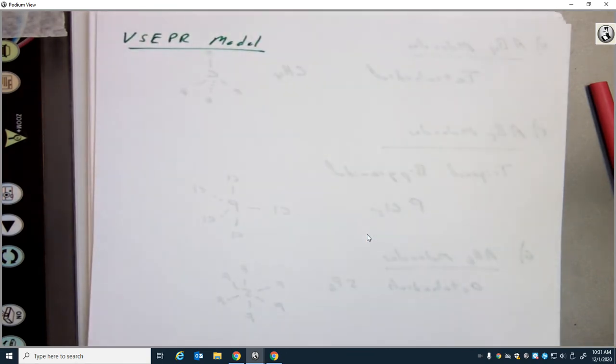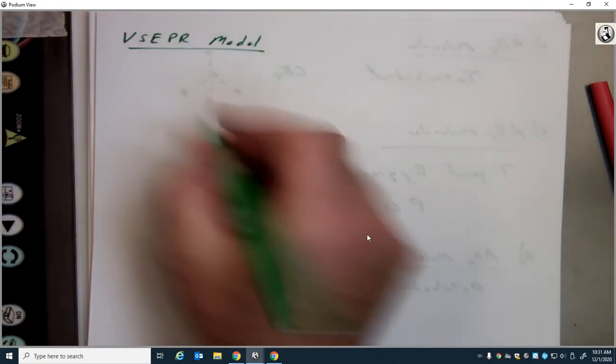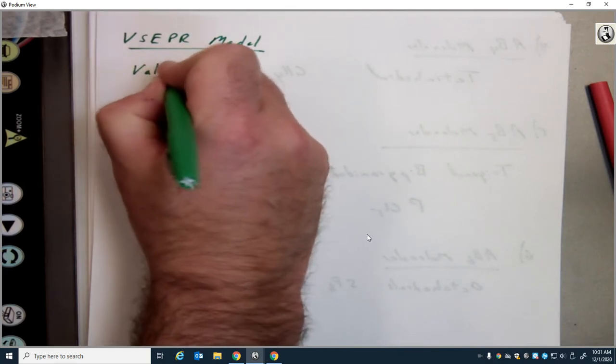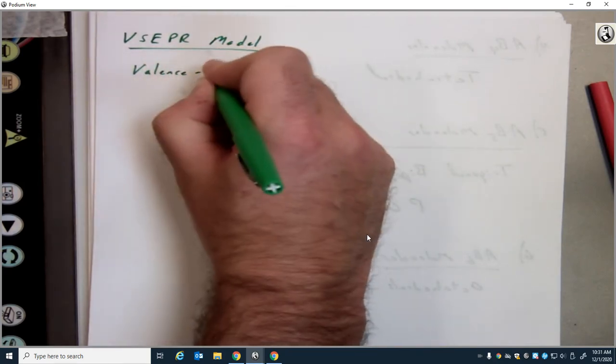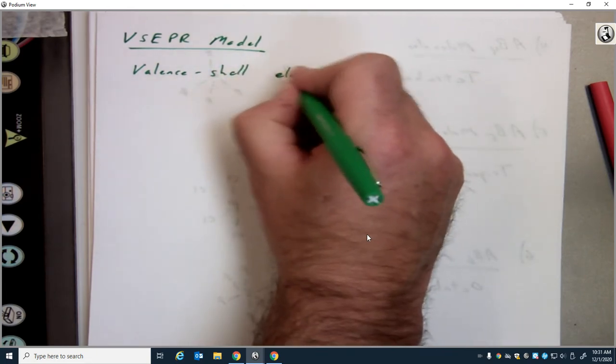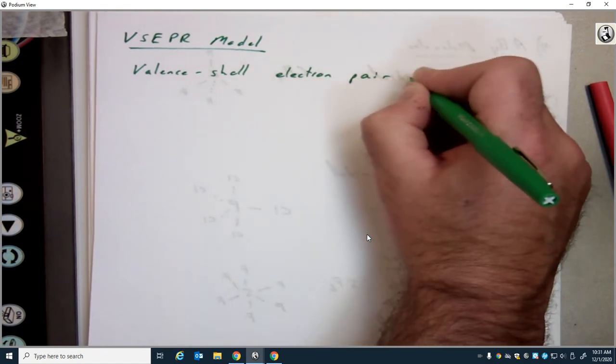We developed this model to help us come up with these different shapes. Okay, and this stands for valence shell electron pair repulsion model.